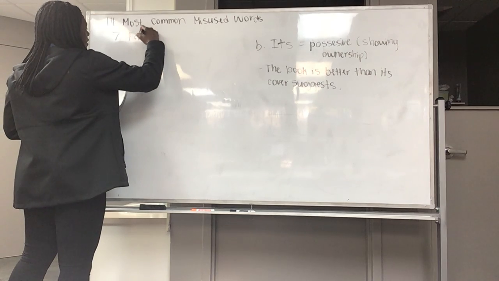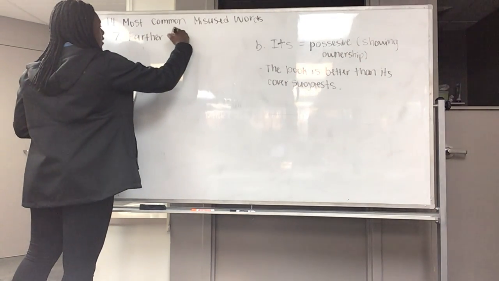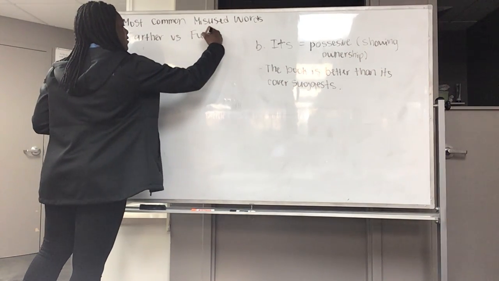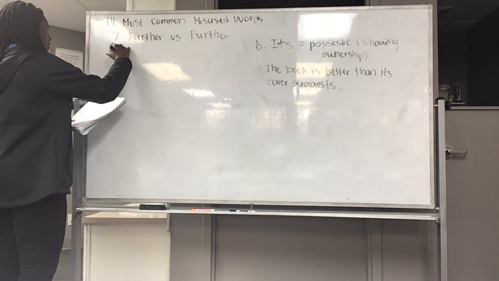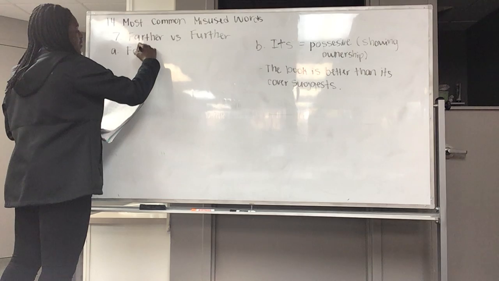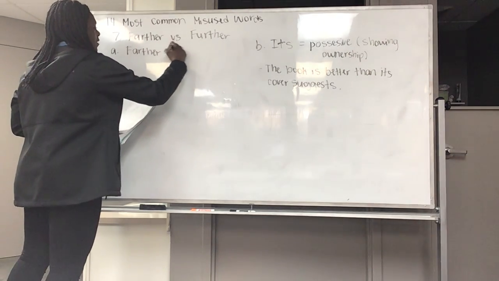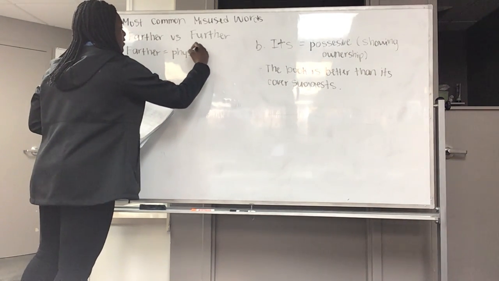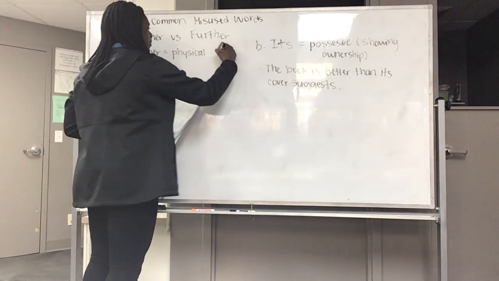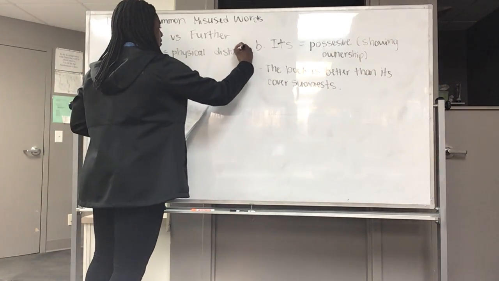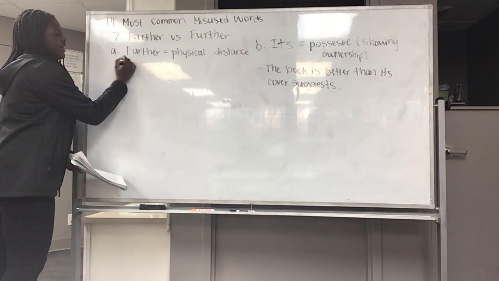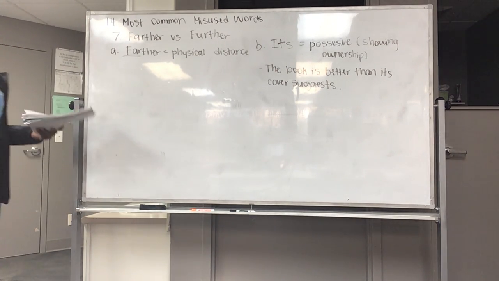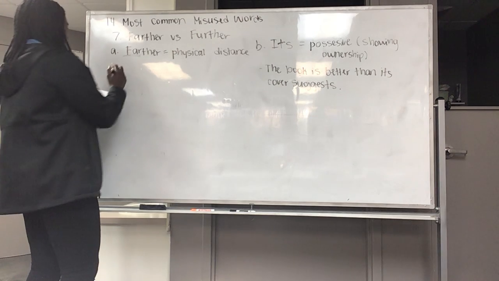So 7 is farther versus further. Farther with an A represents physical distance. I like to think that farther has "far" in it. So we're talking about a distance.